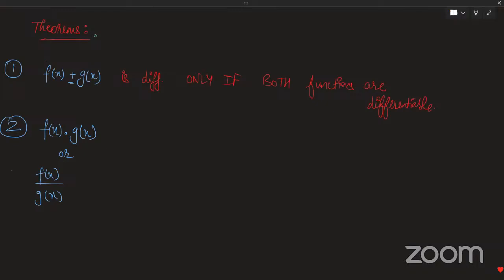What happened in continuity was, if I was taking the product of two functions and one of them was non-continuous, the product or the quotient of the two functions was not continuous. But over here, it doesn't work like that.